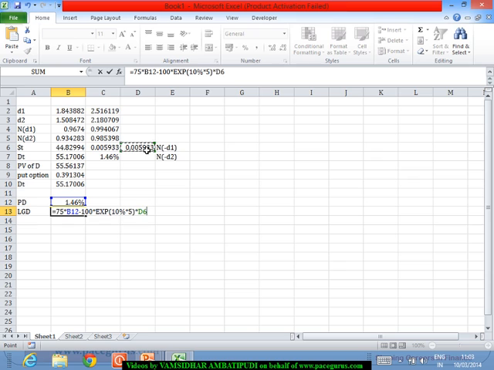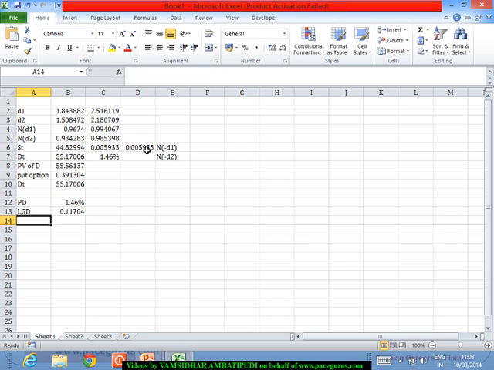So the loss given default, I can say, is 0.11 million, which is coming out to 117,000. In case the probability of default is 1.46%, and in case a loss is going to occur, it is going to be 0.117.